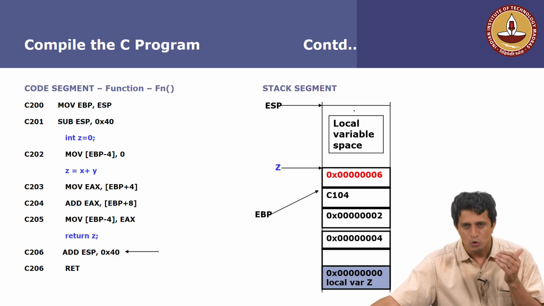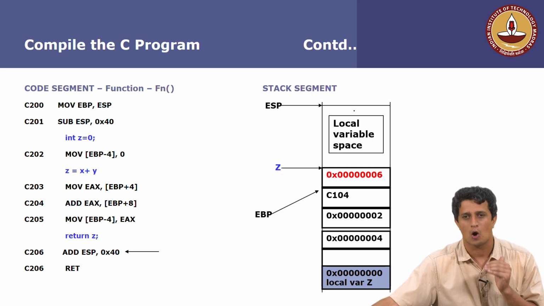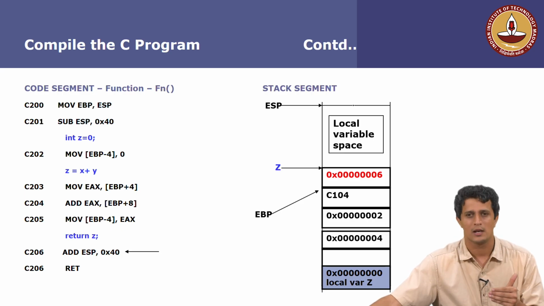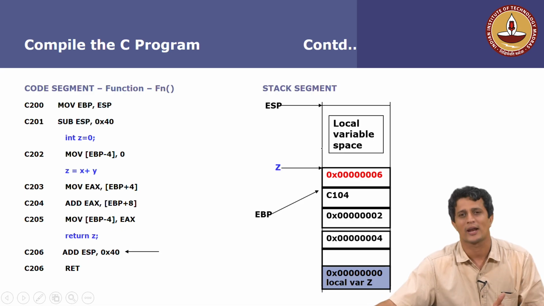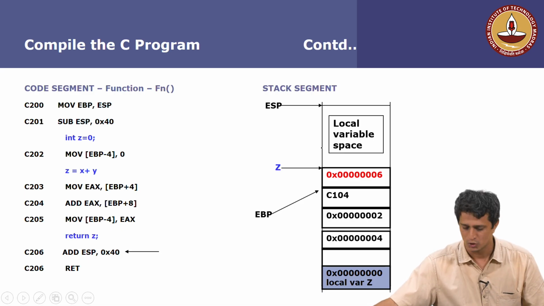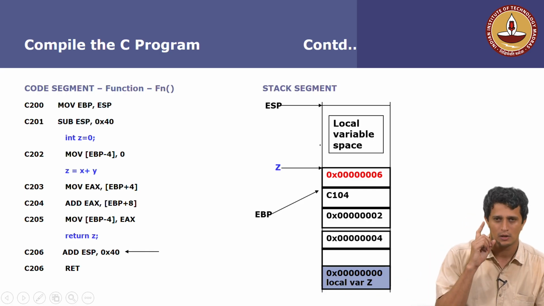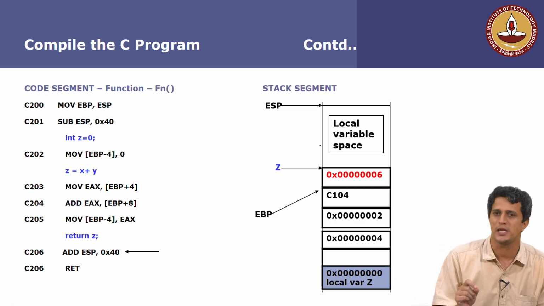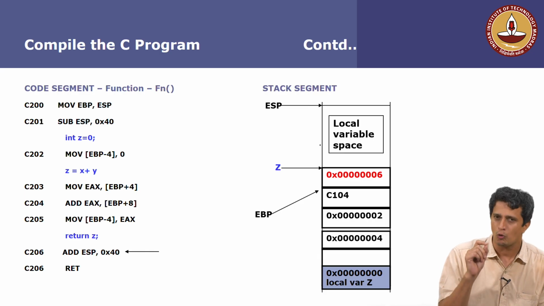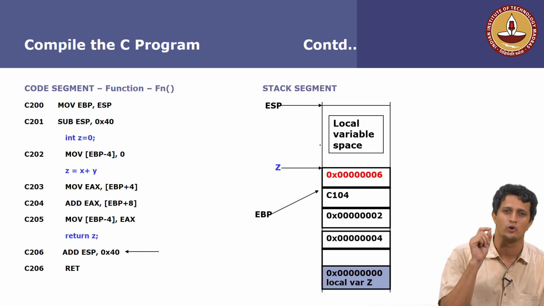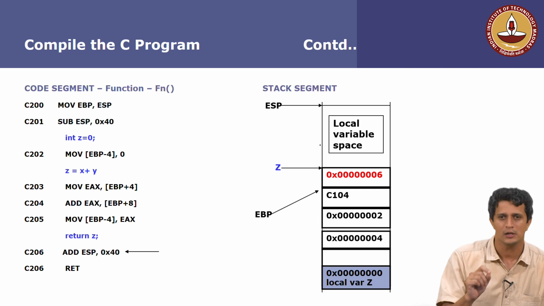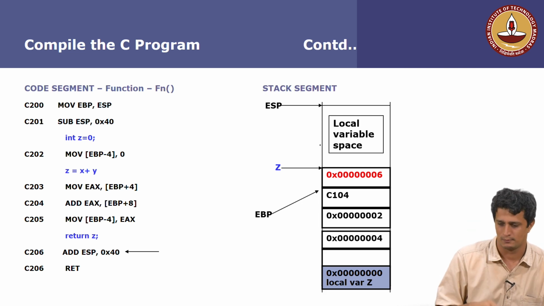We need to undo this operation in order to return and get the stack pointer to the right value, right. So what do we do? For every operation on ESP, you have to do the counter operation on ESP before you return, otherwise you will have a random returning problem.